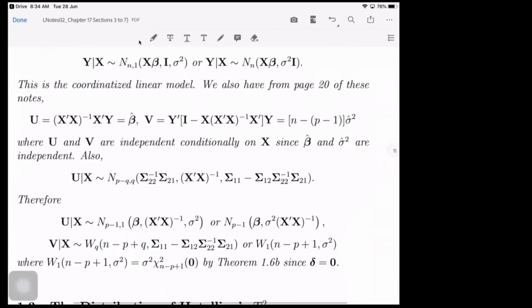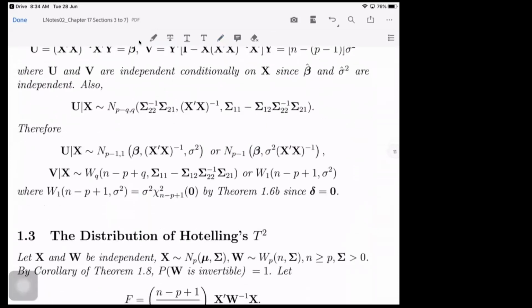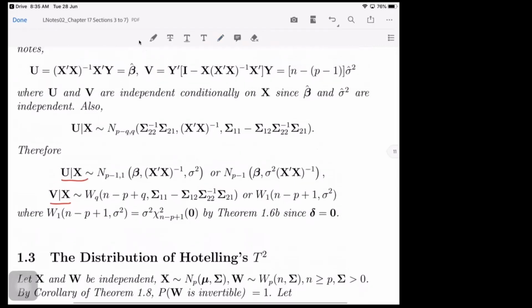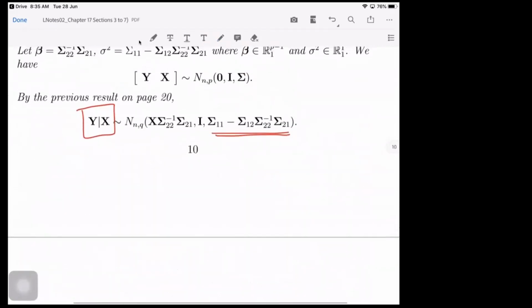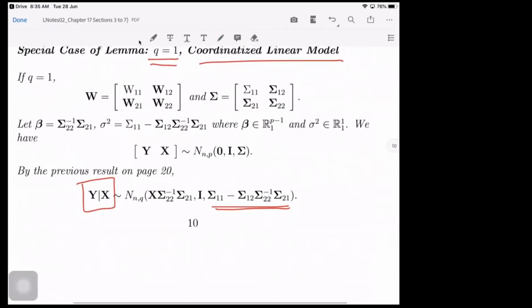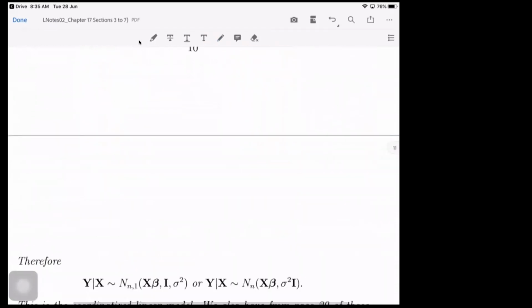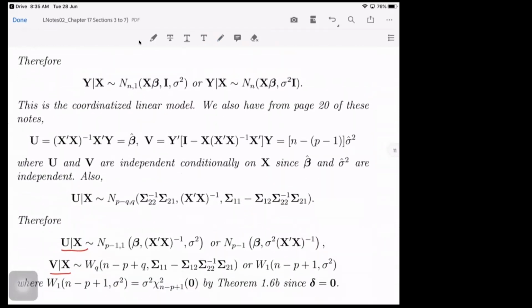So you have these results. This is just deriving the conditional distributions of V given X, which is Wishart, and U given X, which is normal, and W22 earlier, which is Wishart. It is just conditional that was derived.